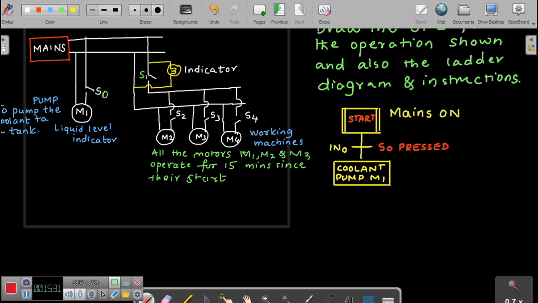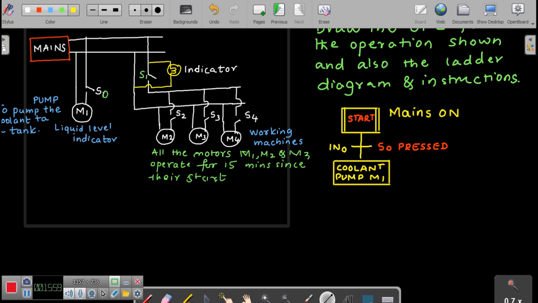I have my mains on, I have started. Now upon pressing S0, my coolant pump M1 is on. Now what is the action that is taking place here? The overhead tank, with the provision of storing the coolant, getting filled to the required level. So that's the transition.